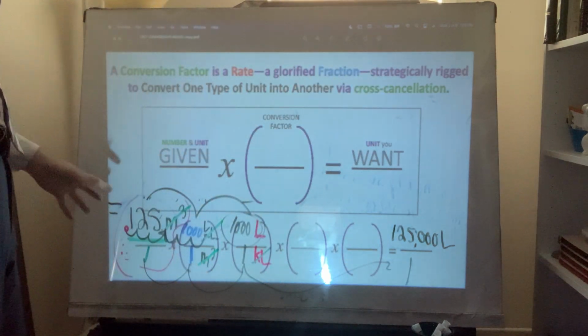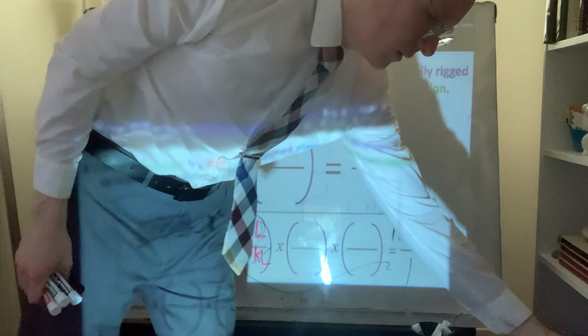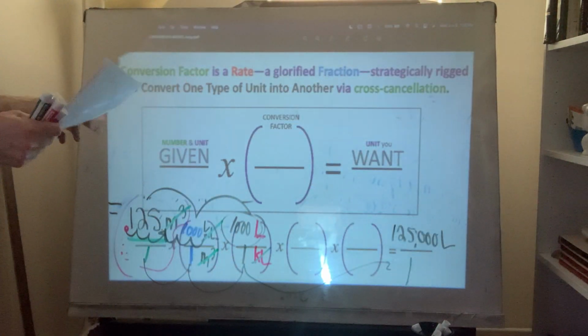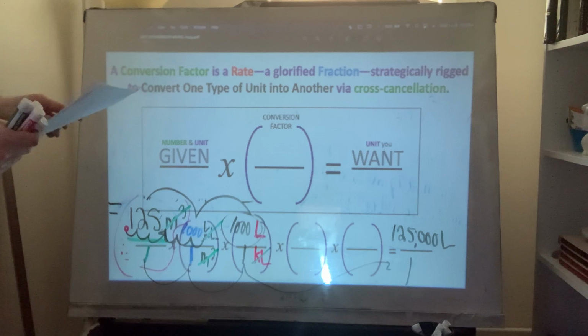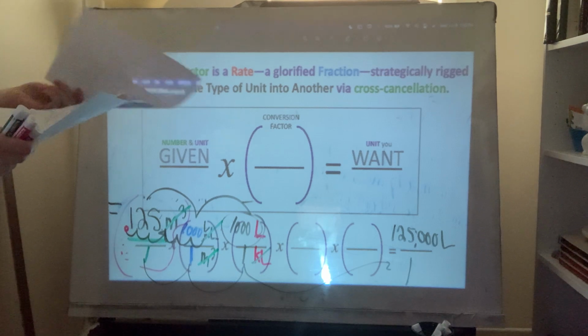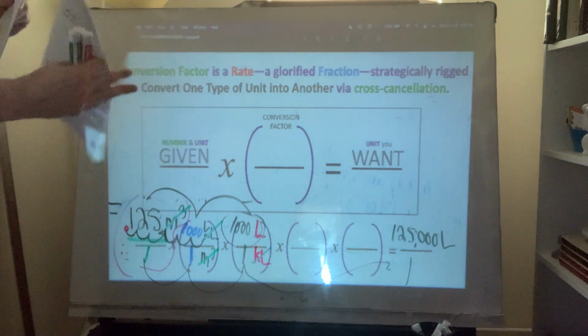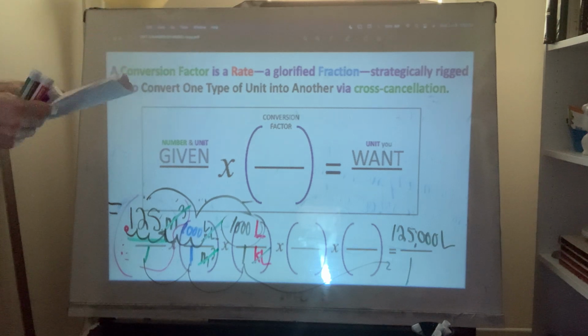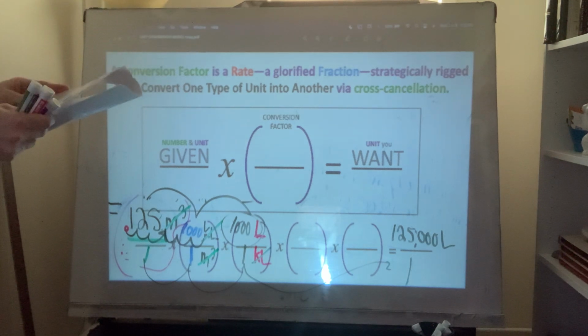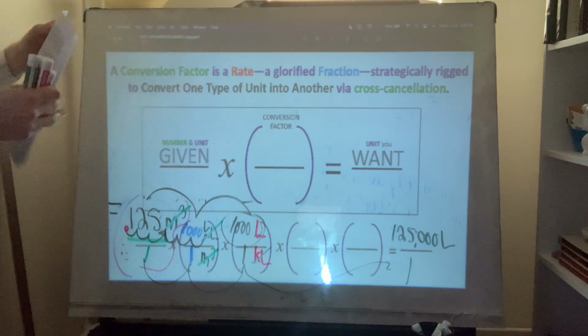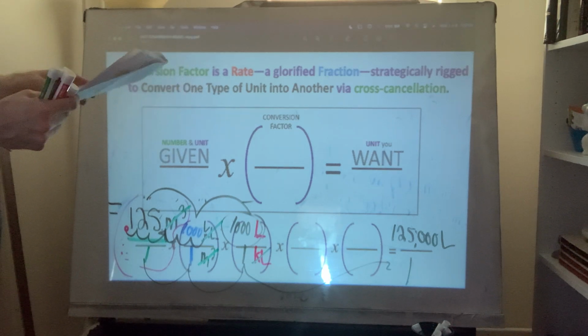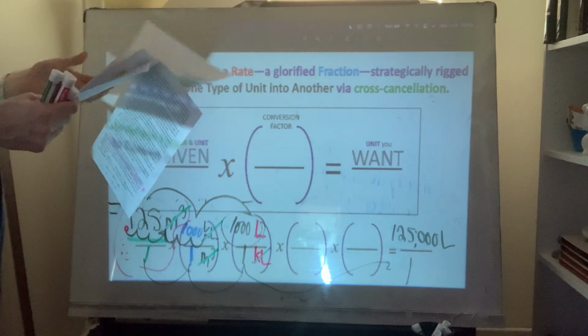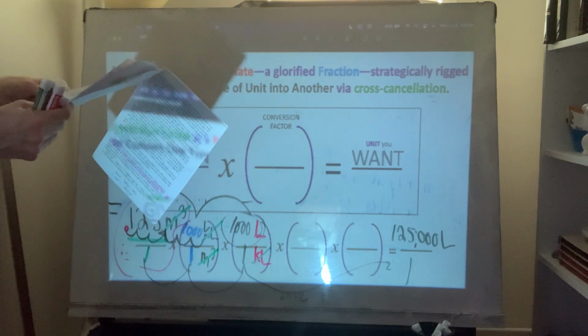There's a boo-boo somewhere. I'm off by a decimal place somewhere. You can't have 125,000 liters in a fish tank. I'm sorry, that's just not going to happen. For shame, Ziegler.